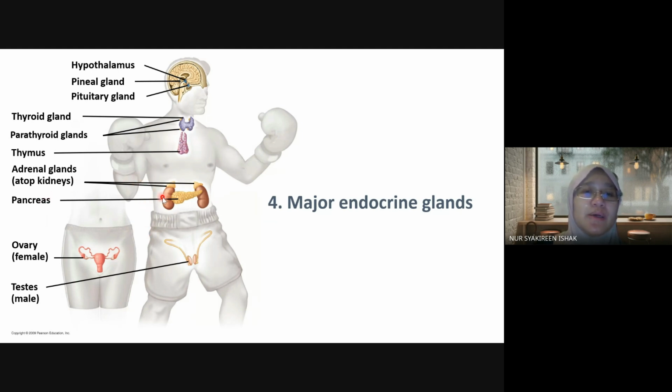So, and then here you have your kidney. So on top of your kidney there will be the adrenal glands. Okay, so the adrenal gland has two regions, the outer region, the cortex, and also the medulla. Sama macam kidney kan, kidney ada cortex, kidney ada medulla. Cortex is the outer part. Okay, medulla is the inner part. So both of these regions of the adrenal glands produce different hormones, based on the condition of your body.